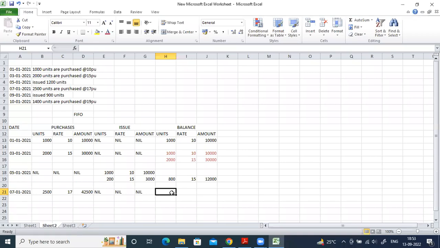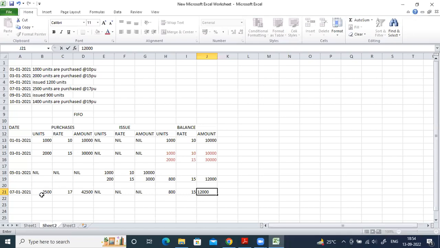First, already how much balance is there in our godown? On 5th January, after issuing this 1,200, how much balance you are showing? 800. 800 at 15, 12,000. So first you need to write that 800, 15, 12,000.